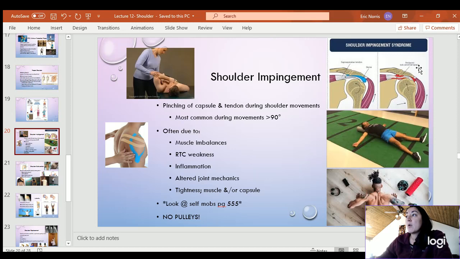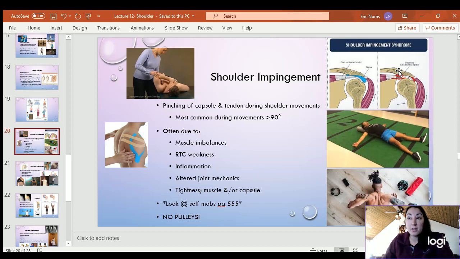So right here you can see this would be kind of your normal shoulder, and here was with impingement syndrome. It has gotten pinched over and over, and so it's inflamed, which then really makes it even more likely to get pinched because it's bigger. So it's really not helping the process. It's just the effects of the process.